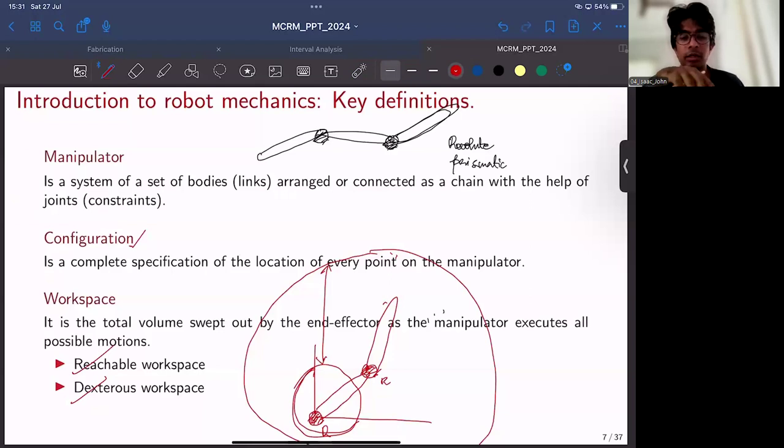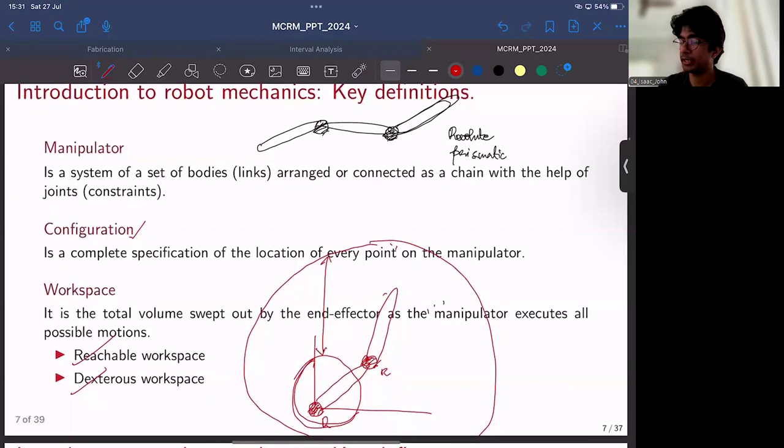If you exclude the dexterous workspace from the total workspace, what you have left is the reachable workspace, which are essentially the points that you can reach only with minimal orientations. Okay, so I hope that is clear.